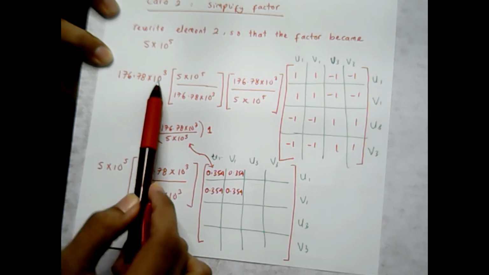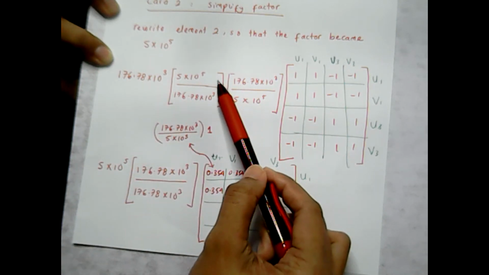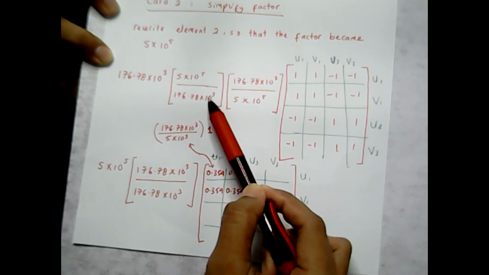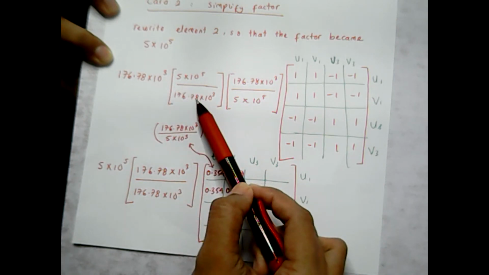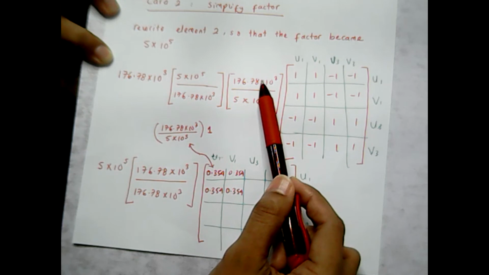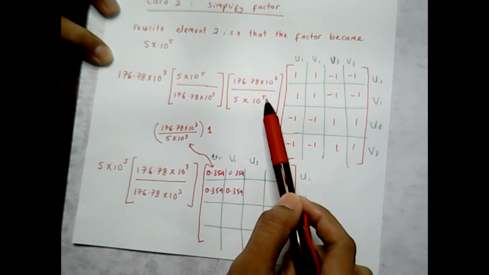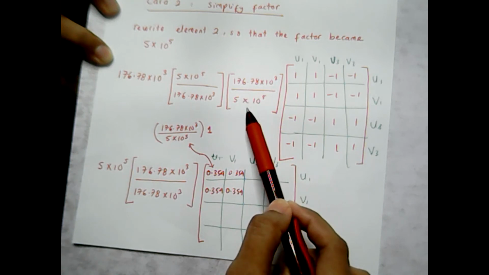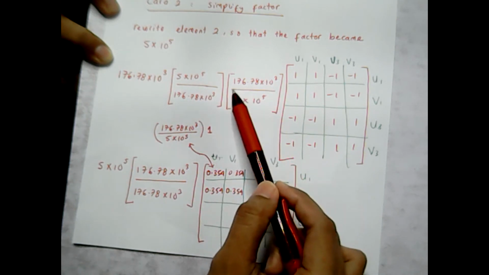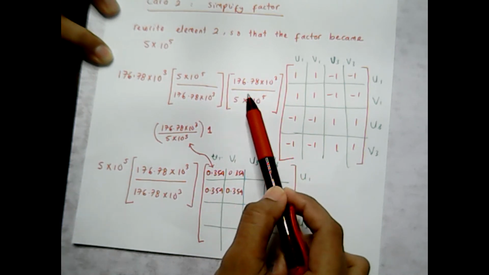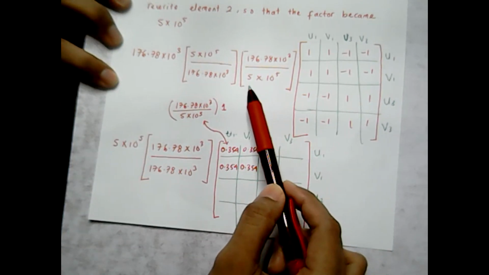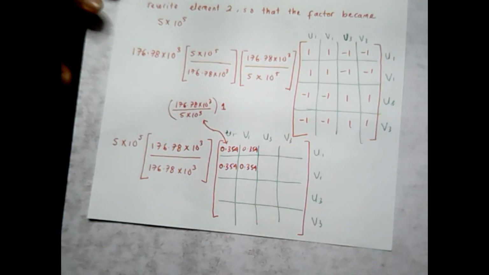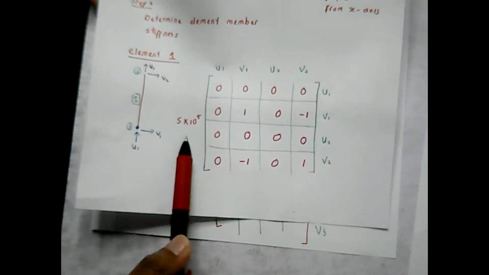To get the same factor, you need to multiply by 5 divided by the original, and then again multiply by 176.78 times 5, so that this becomes 1. Because the objective is to get the same factor here.